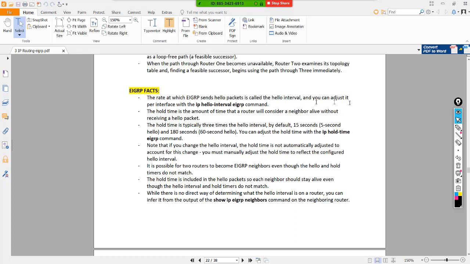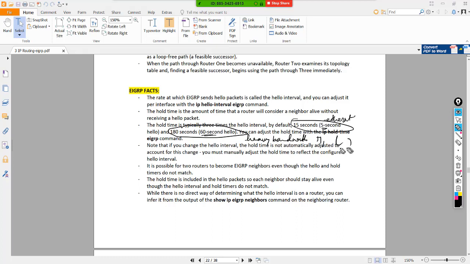There are two types of links. One uses a 5-second hello and one uses a 60-second hello. The 5-second one is in the case of Ethernet medium, whereas the 60-second one is in the case of low bandwidth circuits like your T1, T2 circuits.